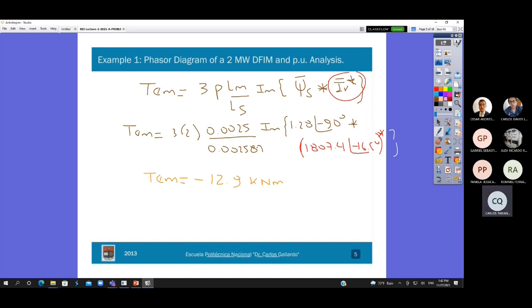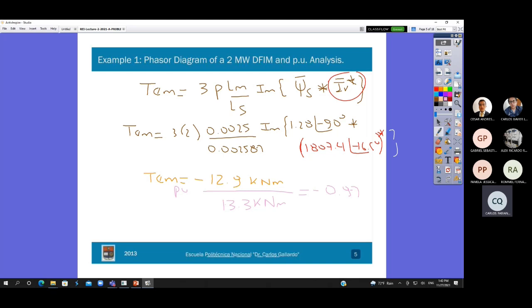To compute the per unit value, by definition it is the actual value over the base, and the base is equal to 13.3 kilonewton meters. So this is equal to negative 0.97.